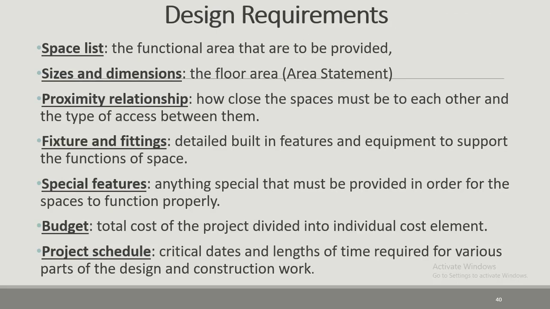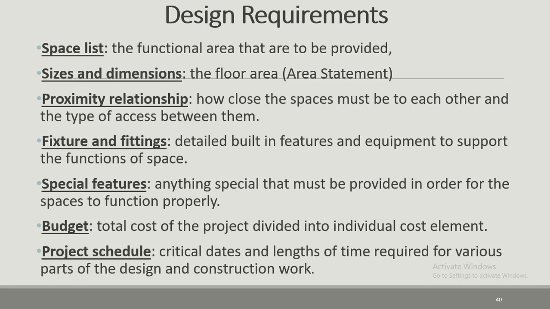In design requirements, we analyze a number of things such as the space list, the functional areas that are to be provided. Sizes and dimensions, the floor area, area statement. Proximity relationship: how close the spaces must be to each other and the type of access between them.